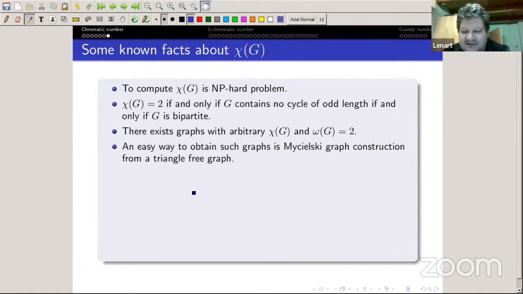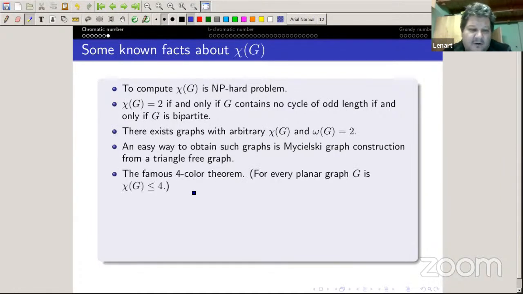At each step of this construction, one receives a graph with chromatic number one bigger than the previous graph. So the graph remains without triangles and the chromatic number goes up. Okay, also let me mention the famous four-color theorem.